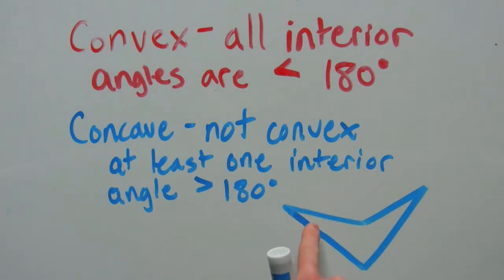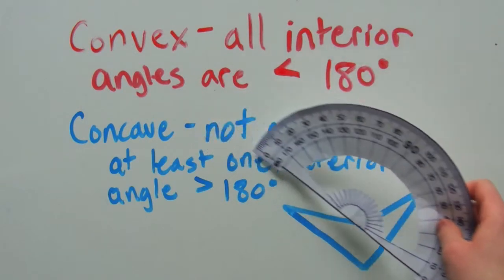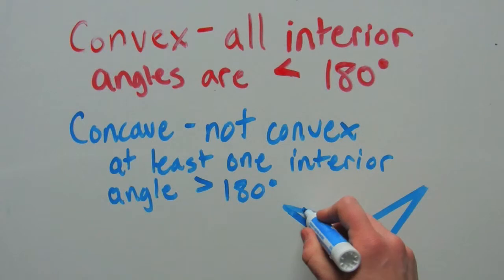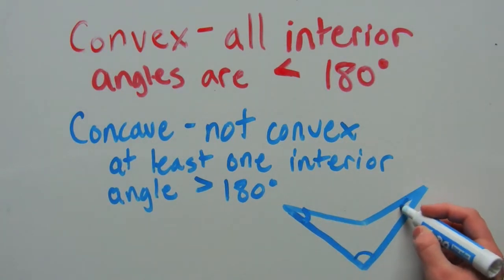You can see that this angle is acute, less than 90 degrees, therefore it's less than 180. So this angle checks out. This angle is also less than 180, as well as this angle.